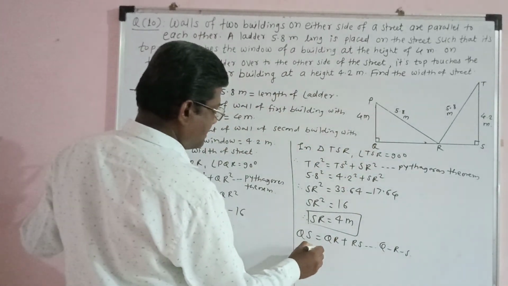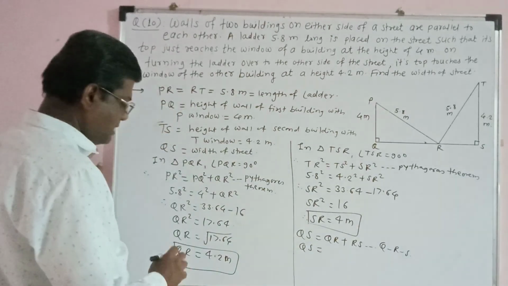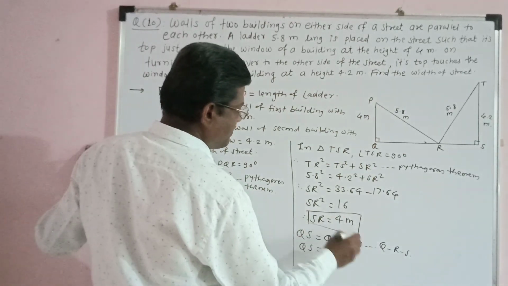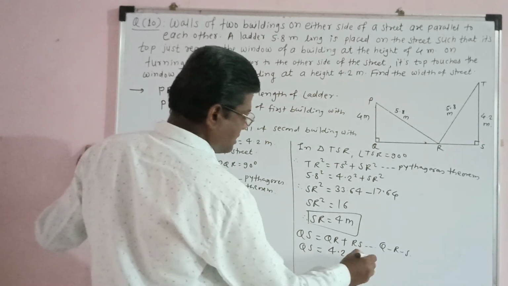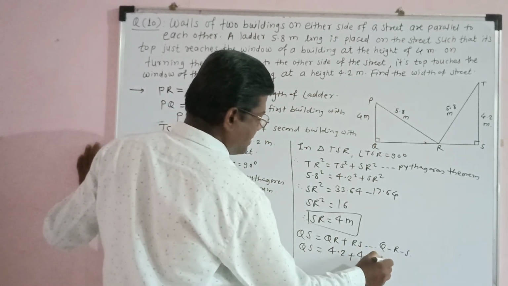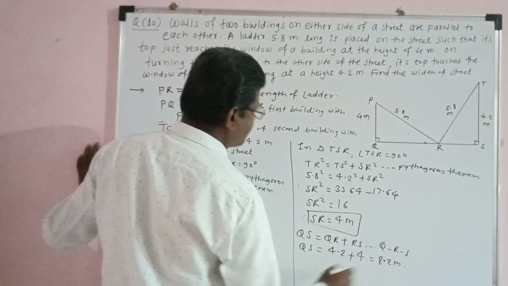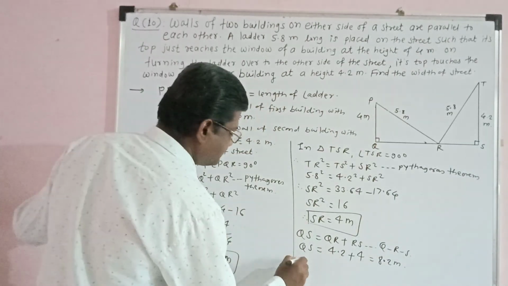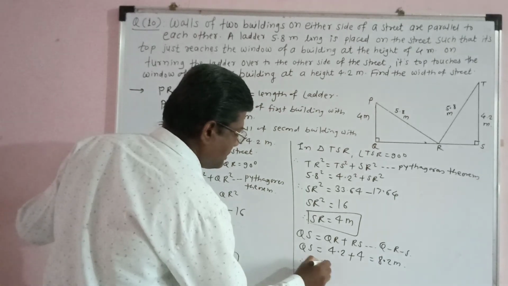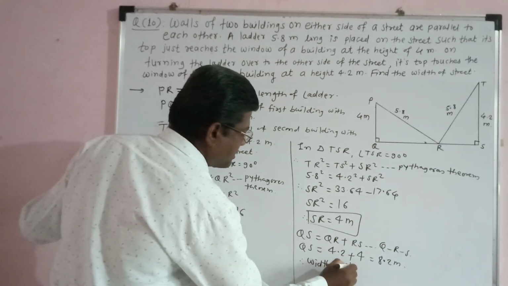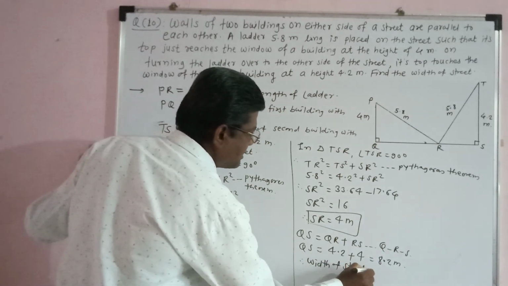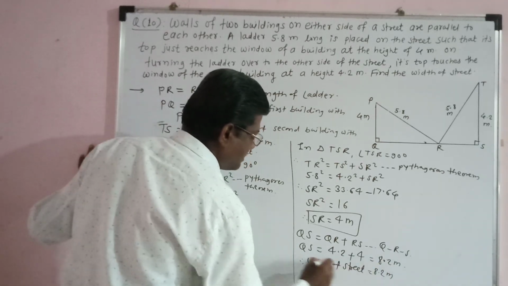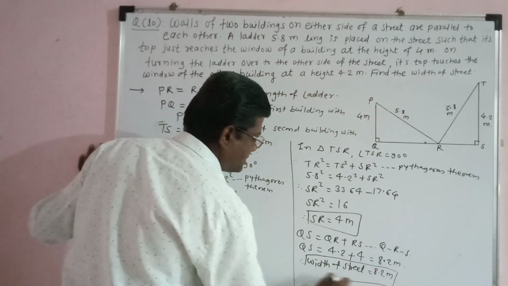Therefore QS is equal to, value of QR is 4.2 and value of SR is 4, is equal to 8.2 meter. Therefore the width of the street is equal to 8.2 meter. This is the answer.